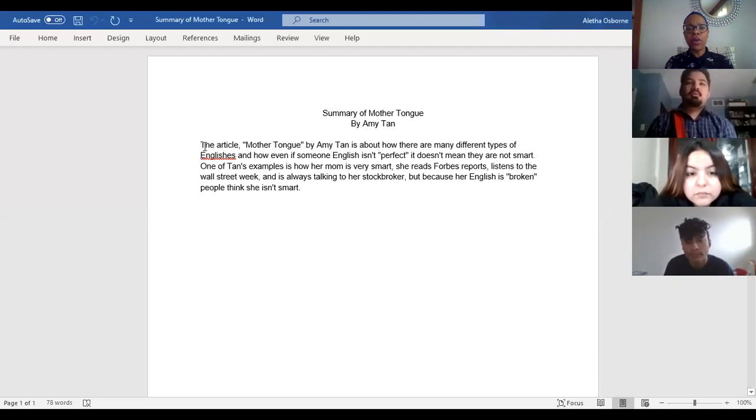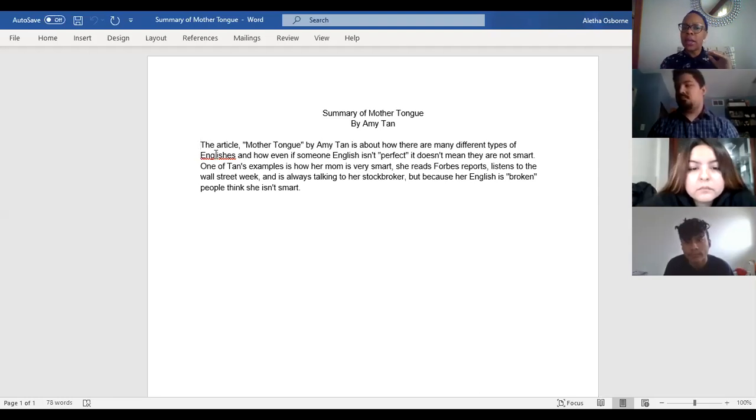First thing is that the summary should always open with an introduction of the article or essay, the title, and the author's name. I do like what the students submitted here in their sample. It's brief, and a lot of the criteria is really being hit on here. But I want to show you ways that we can improve or at least include certain criteria in order to produce a more effective summary.